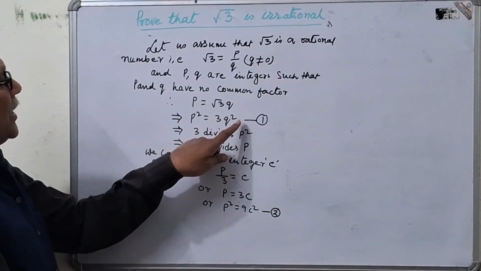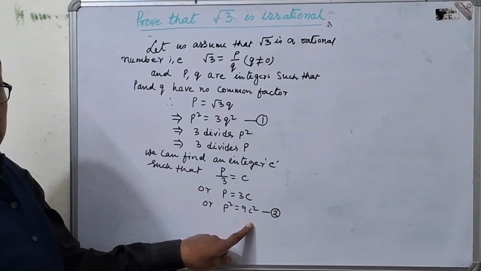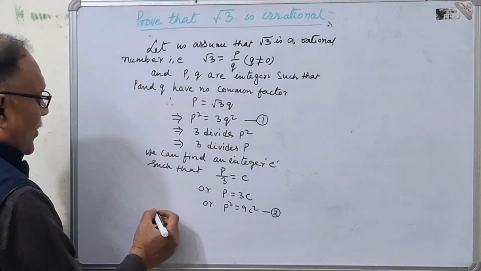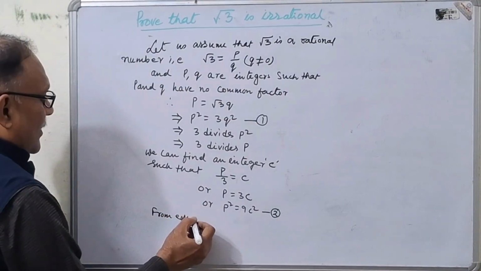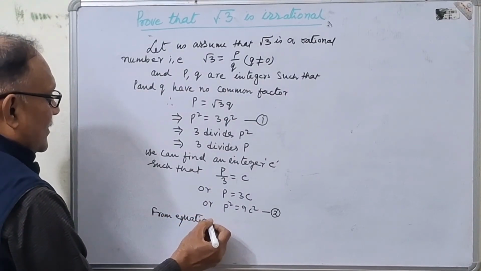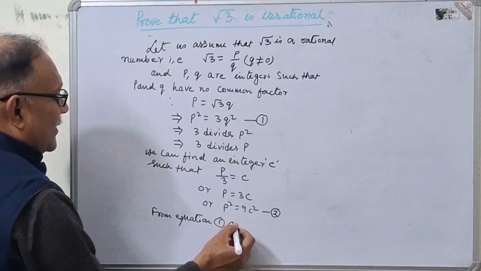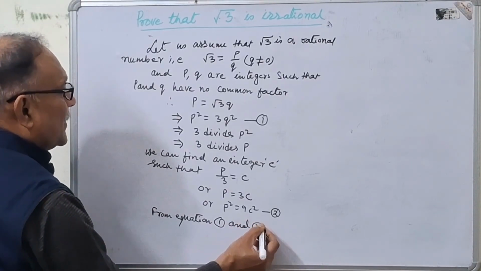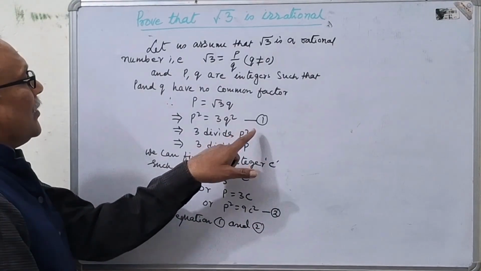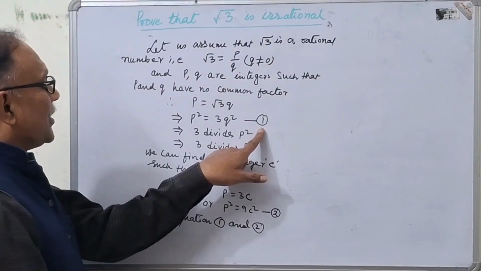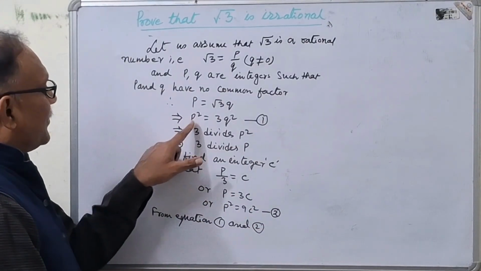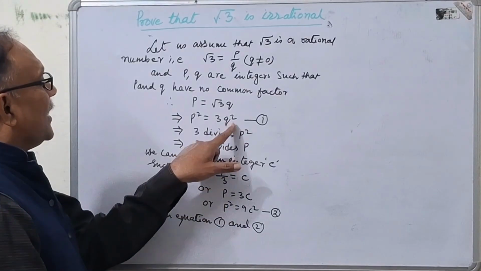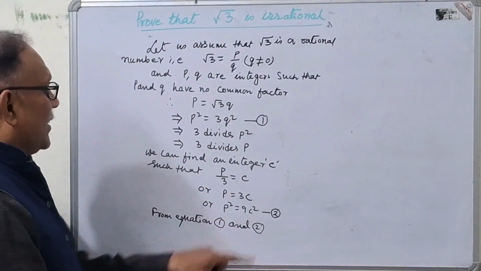Now from equations 1 and 2, now see, in equation 1 and equation 2, their left sides are equal, so their right sides will also be equal.